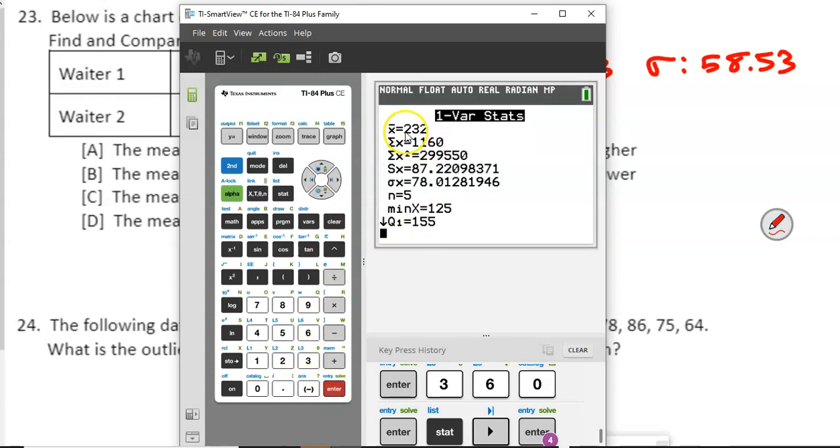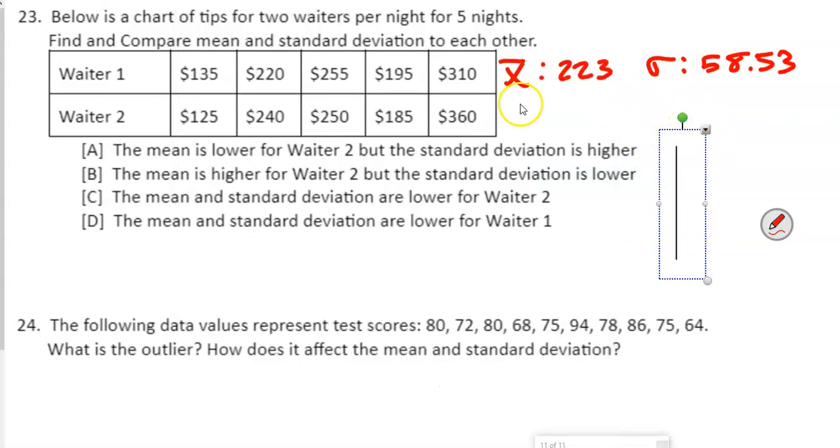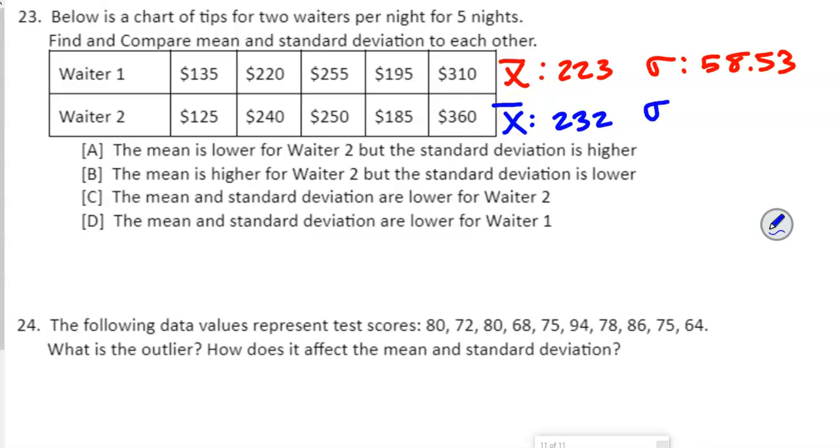So now our mean is 232, and our standard deviation is 78.013, or just 78.01, okay? So we're going to go back here, and we're going to write that again. So here, our mean now is 232, and our standard deviation was 78.01, okay?